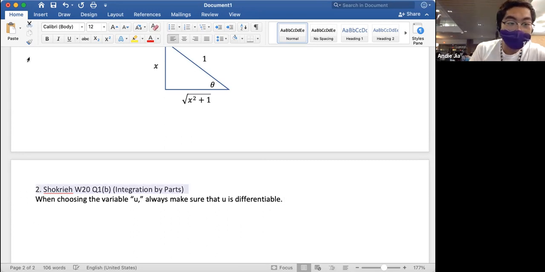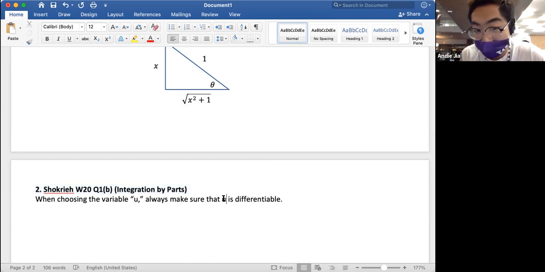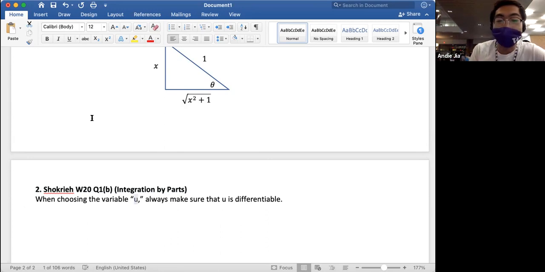Always make sure that you know what u and du are immediately. So if you have a natural log, then use u equal to ln x, because the du is just 1 over x.